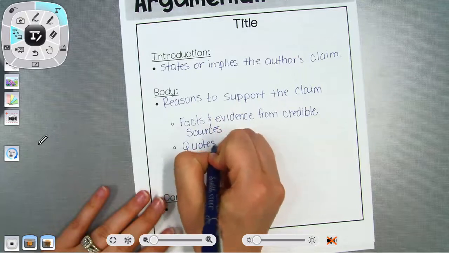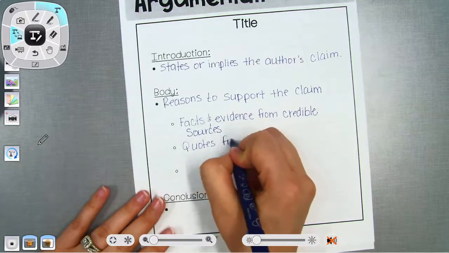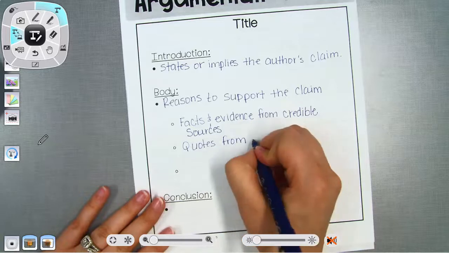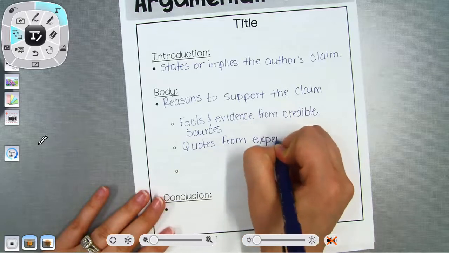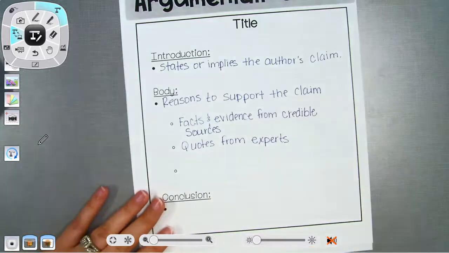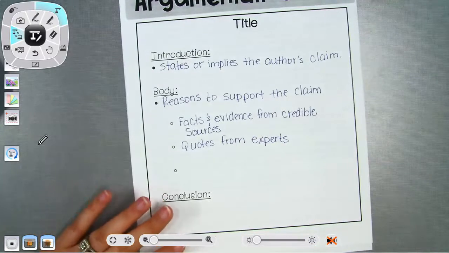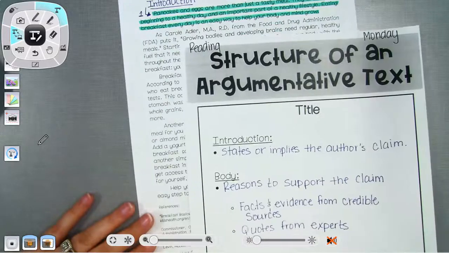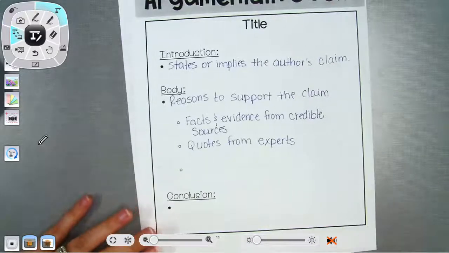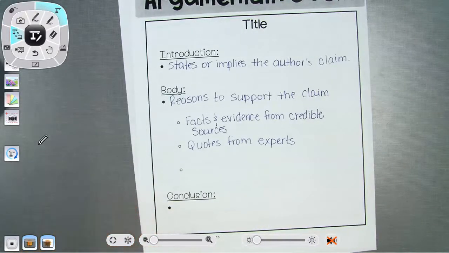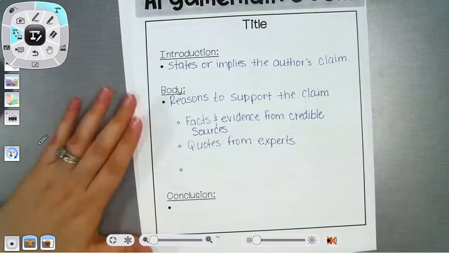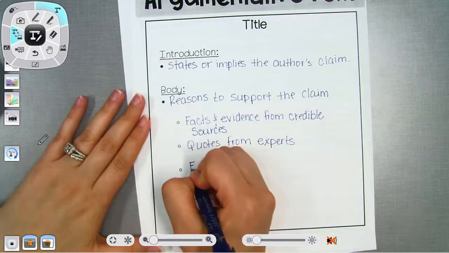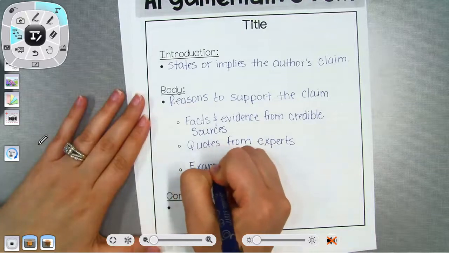So he has talked to people or read in books from experts about how breakfast is an easy way to help our body and mind grow. So he's going to take what some of those people said and write them into his text. And then he's going to give us some examples.